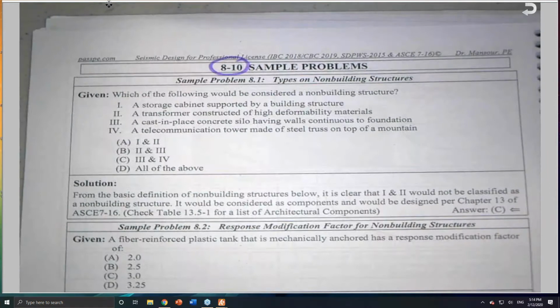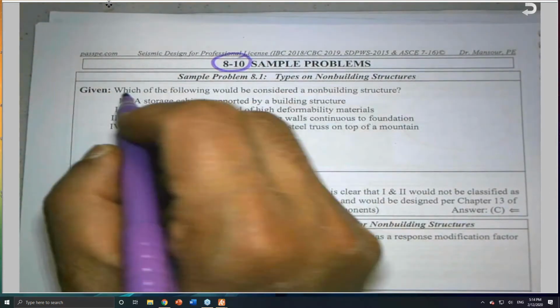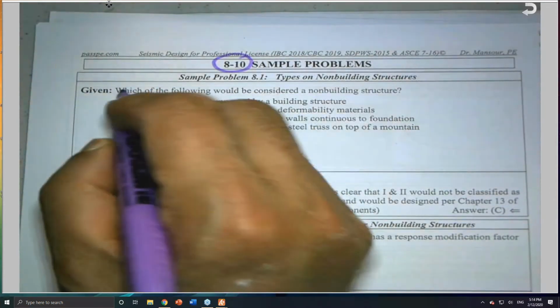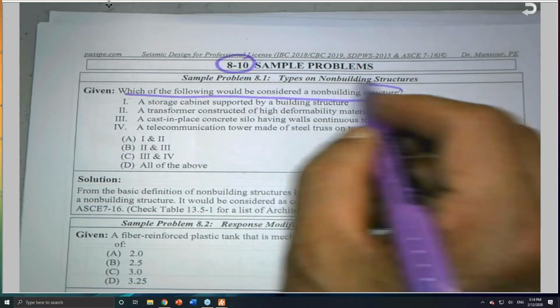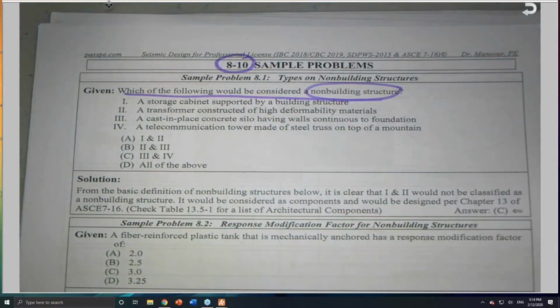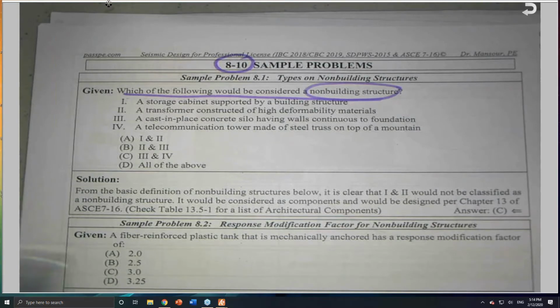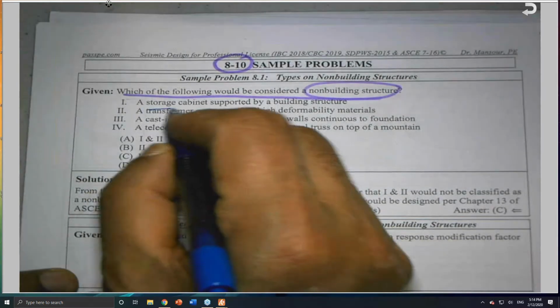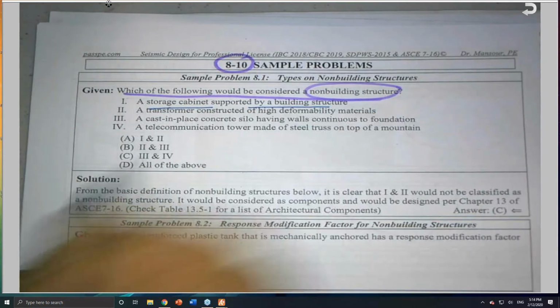Chapter 8, please. Which of the following would be considered a non-building structure? Number 1, a storage cabinet supported by a building.